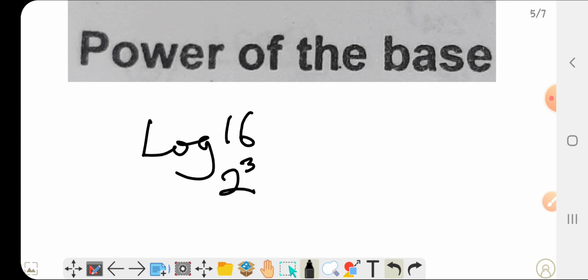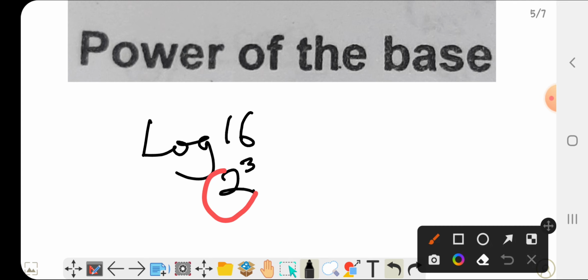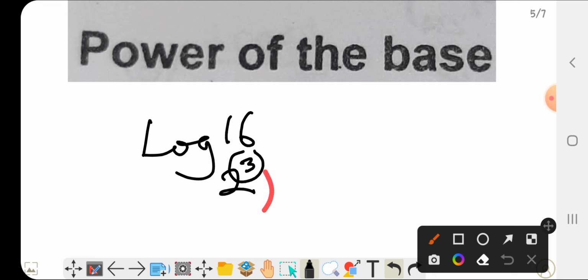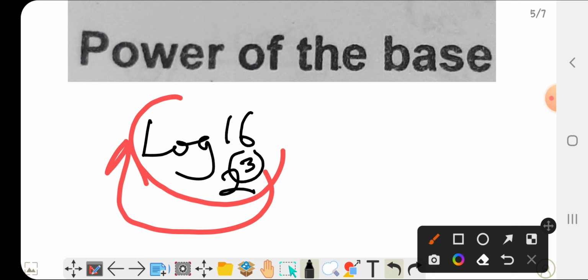So now that the base has a power of 3, and in the same way we did the other one, the power can move over to this side and be in product with the whole logarithmic expression also. But in this case, if the power is moving over to that side, it is going to invert and become 1 over 3.